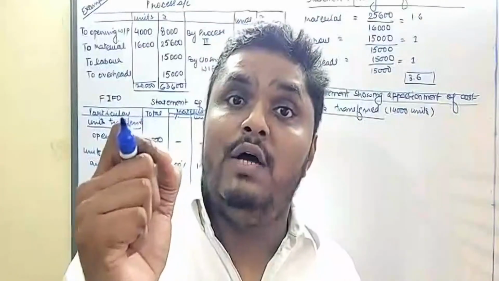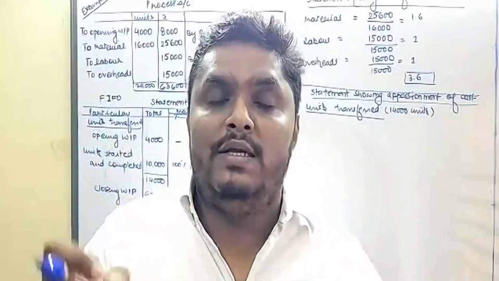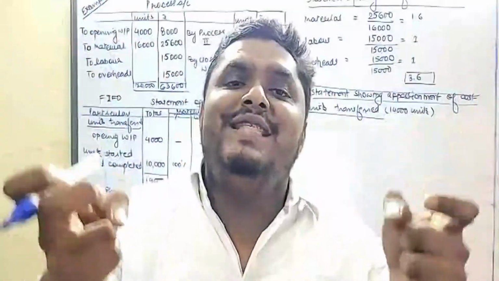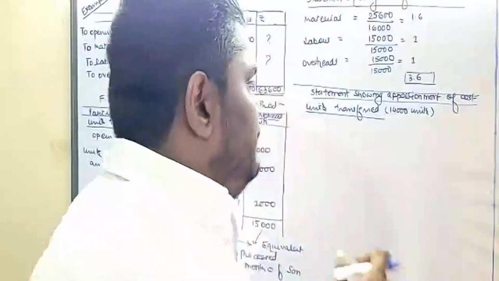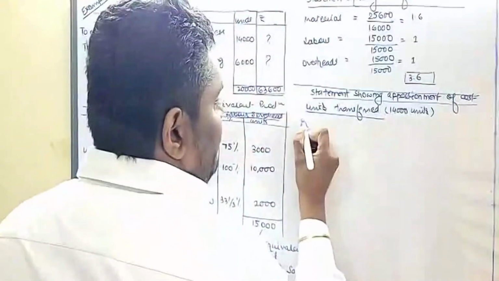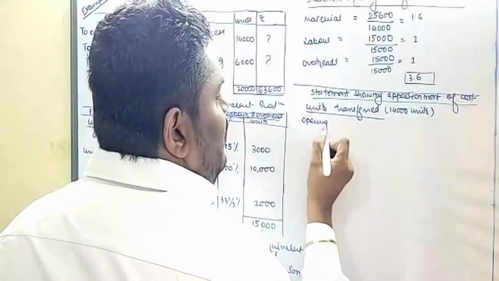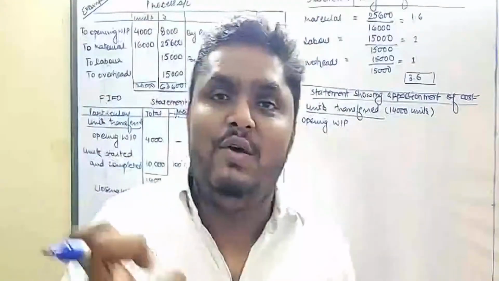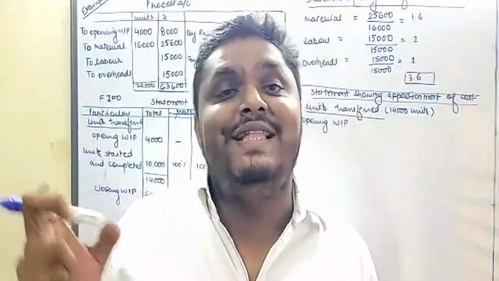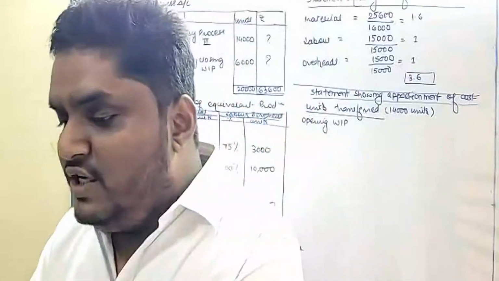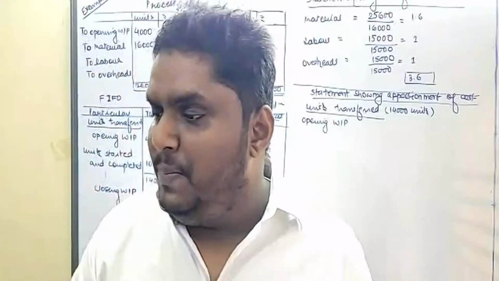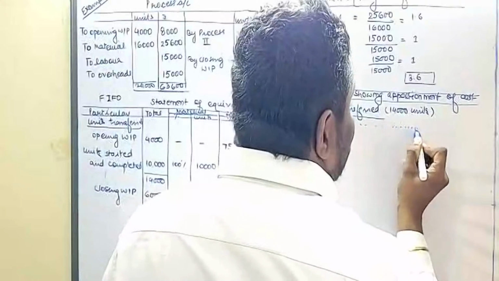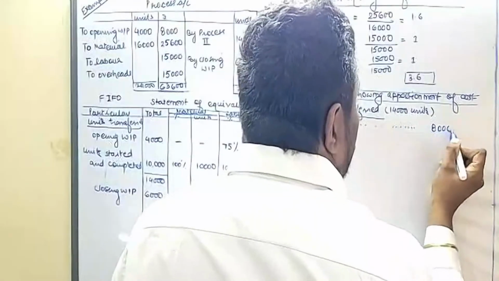Of these, 4,000 units were from opening work in progress. So we have to take the cost of opening work in progress plus the cost that is incurred during the month. So from opening work in progress, there are 4,000 units. The cost already incurred on these 4,000 units in the last month, given in the question, is rupees 8,000. This cost is incurred in the previous month.